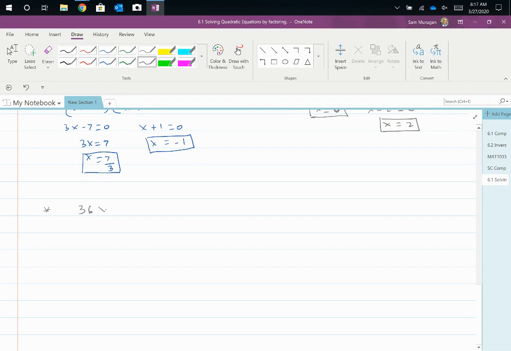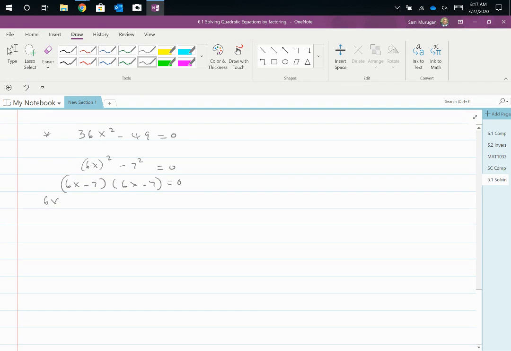36x squared minus 49 equal to 0. So here I've established that this is a difference of squares, and we use the formula to factor differences of squares. 6x plus 7, 6x minus 7 is equal to 0.